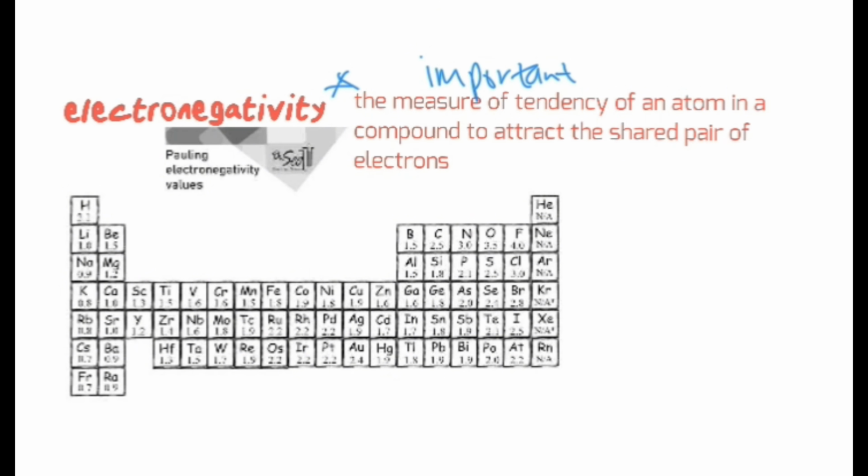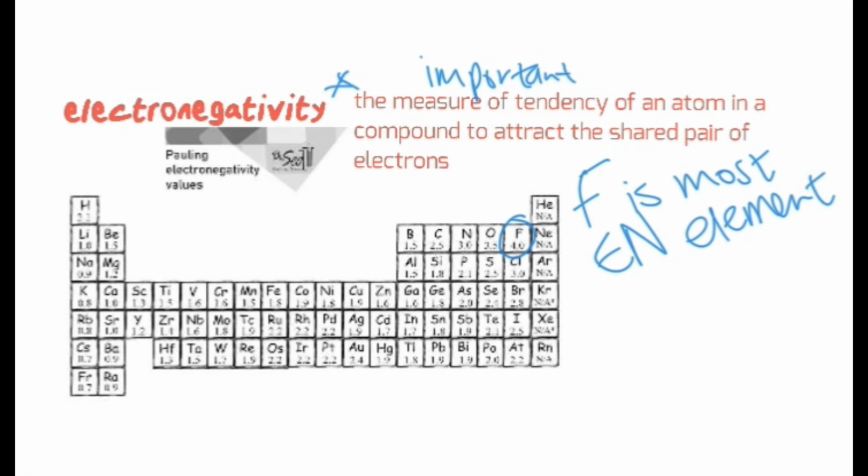So I want to point your attention to fluorine. Fluorine is the most electronegative element on the periodic table. As we move towards fluorine across a period, the electronegativity will increase.